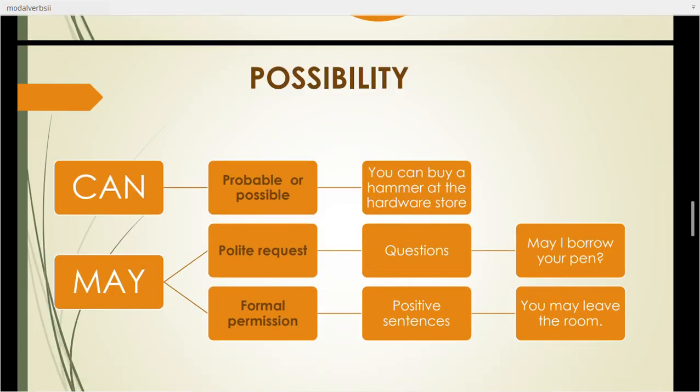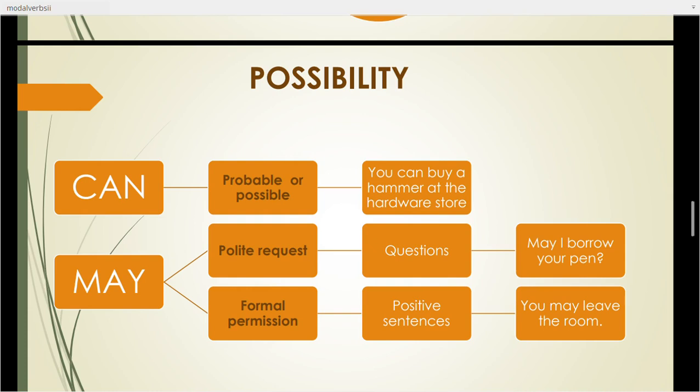In the next slide, there is the possibility situation. In this context, we can find two words, can and may. The word can is used in probable or possible situations. May we use for polite requests and to give formal permission.